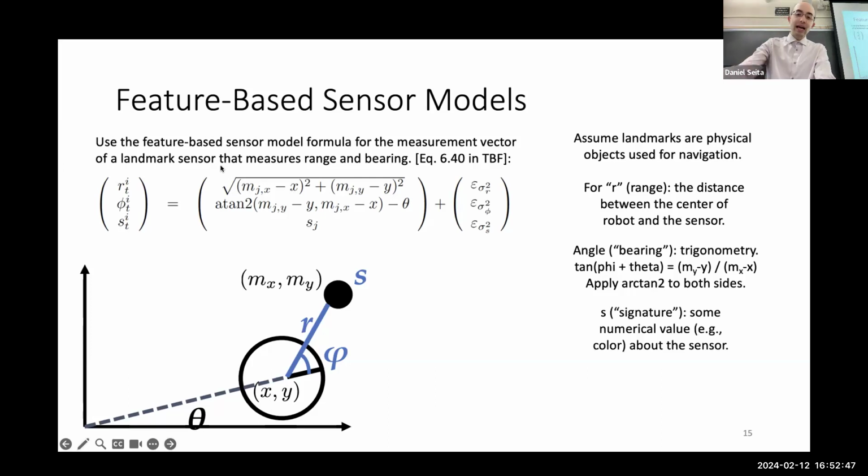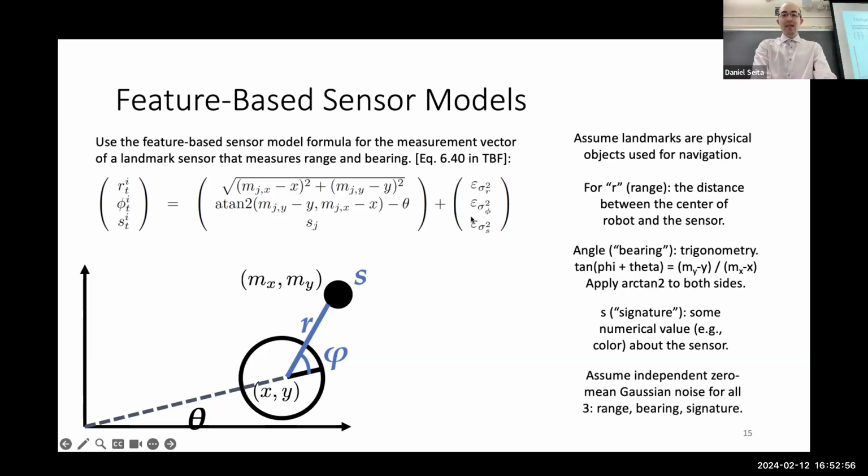And finally, S is some signature, maybe a numerical value about that sensor. Then we apply zero-mean Gaussian noise to each of the components. If you're looking at the book and wondering why the equation is like this, it's because of what we just derived.